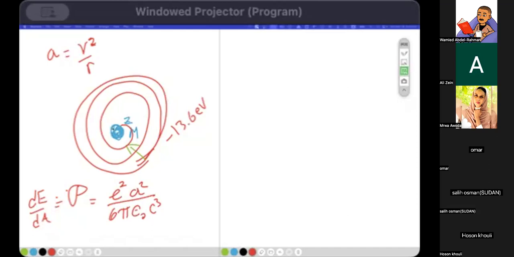So the question: if this is true, and that's why Bohr put it as one of his postulates, electrons do not lose energy while they're in their orbit, only when there is a transition. So the question is, if the electron would actually lose its energy, how long would it take for an electron at the first orbit level to collapse and collide with the proton?